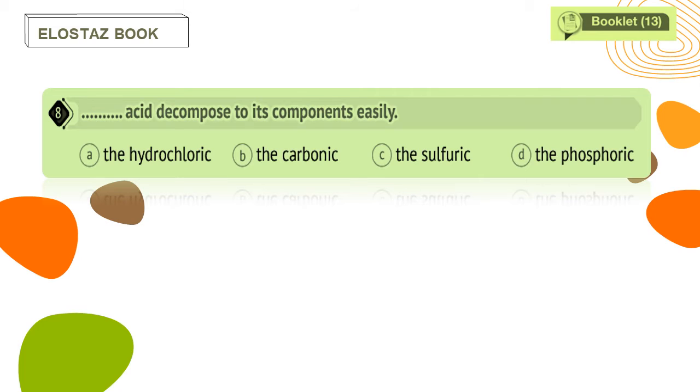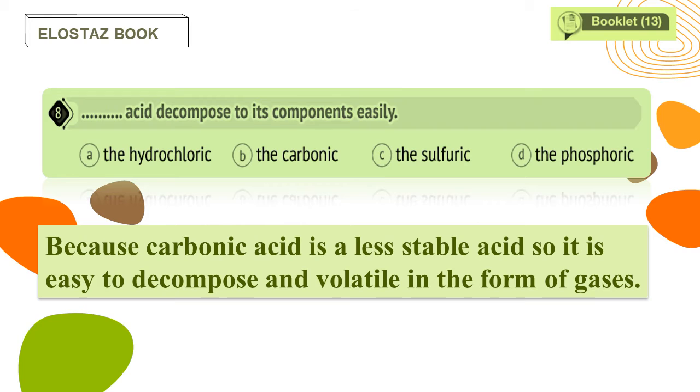Which one will be the strong one here? The strong acid does not decompose easily, it makes the reaction but does not decompose easily. The acid that decomposes to its components easily is weak and volatile and decomposes in the form of gases easily. The answer to this question will be carbonic acid.